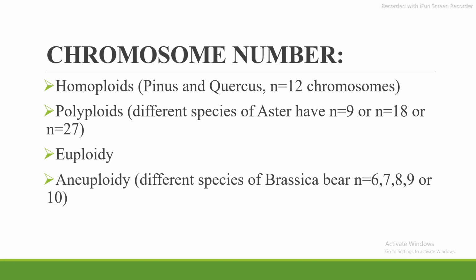Euploidy is a chromosomal variation that involves the entire set of chromosomes in a cell or in an organism. Last is aneuploidy. Aneuploidy is defined as any deviation from the normal number of chromosomes, usually meaning a cell nucleus possessing too many or too few chromosomes. For example, the different species of Brassica bear chromosome numbers n equals 6, 7, 8, 9 or 10.